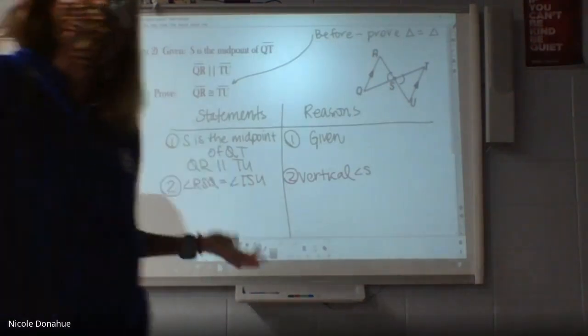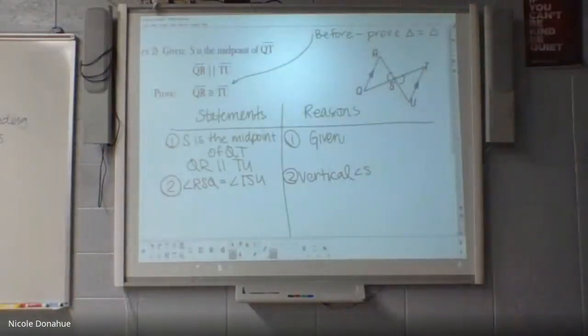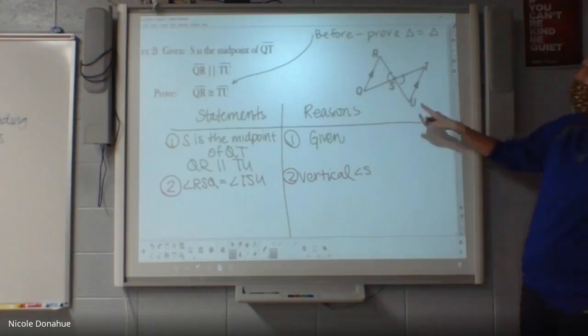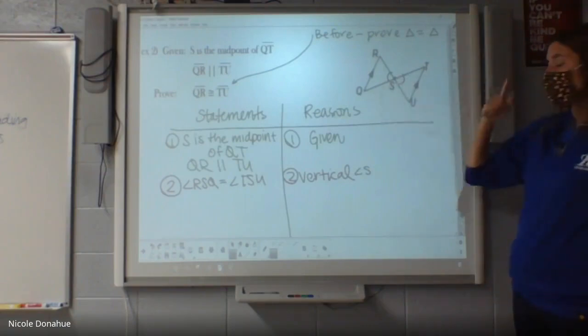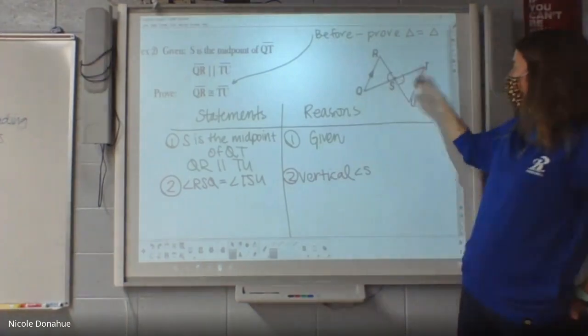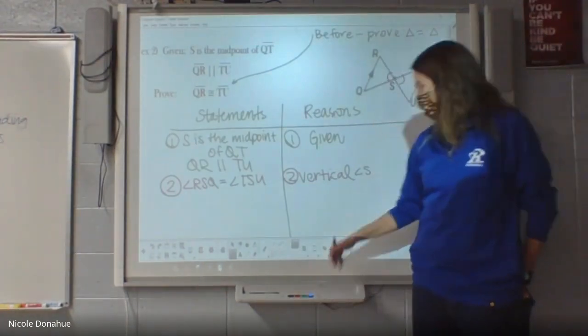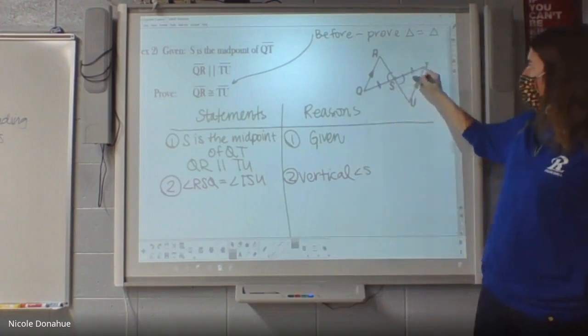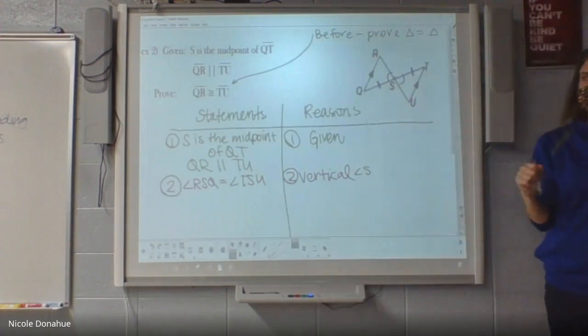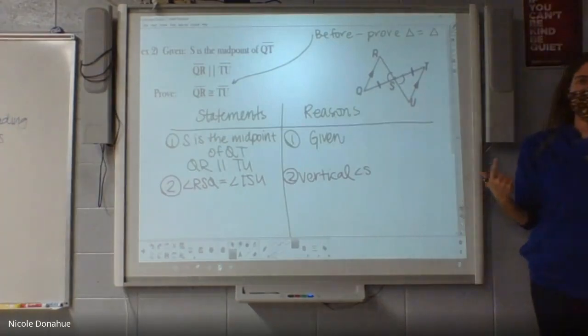So far all we have is angles equal. What else do we know, you guys? What do you think, Nolan? QS equals ST. So Nolan mentions the fact that this should equal that. How do we know that? Because it's a midpoint.